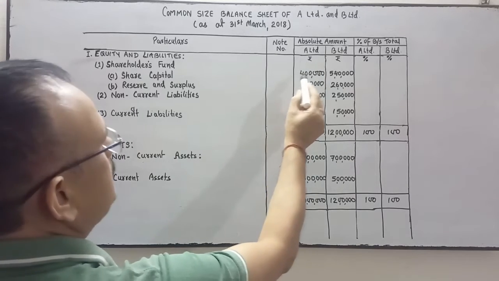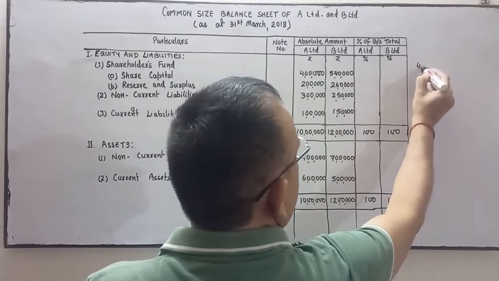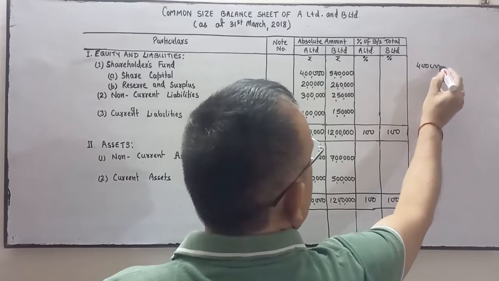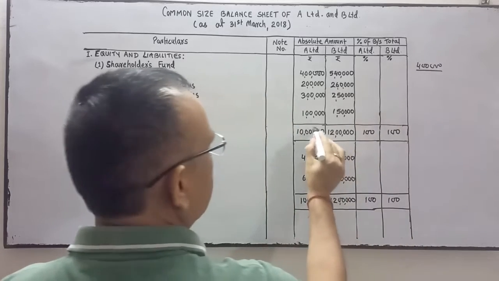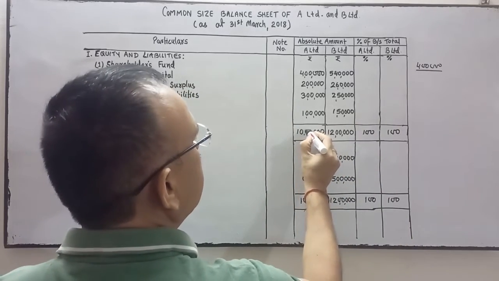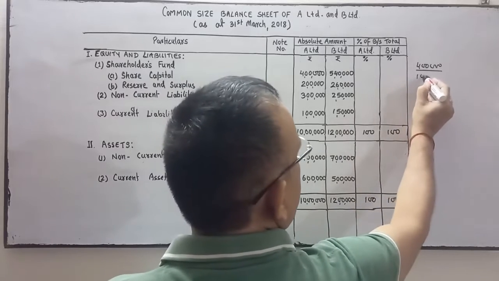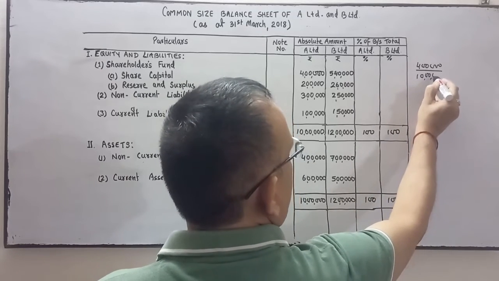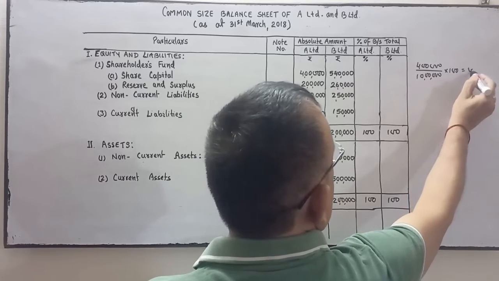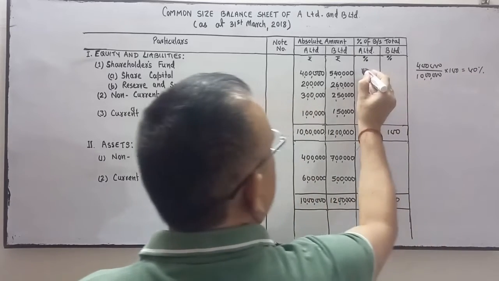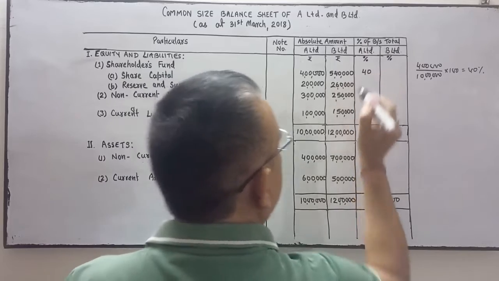A Limited share capital is 4 lakhs. I am doing it in the working note. Total equity and liability is how much? It is 10 lakhs. So 4 lakhs upon 10 lakhs into 100. So it is 40%. Write the 40 over here.